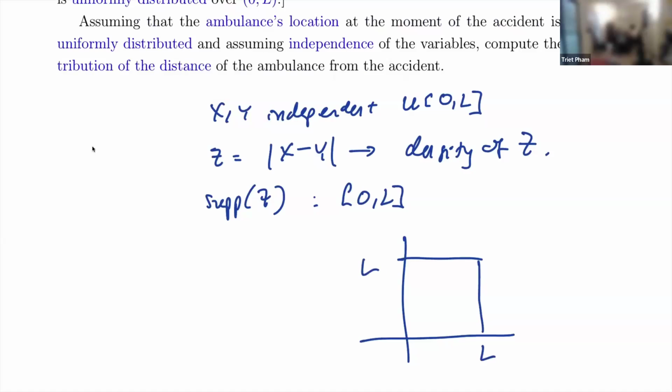Yeah, that will help, but that comes later. What do we need to find the density of Z?